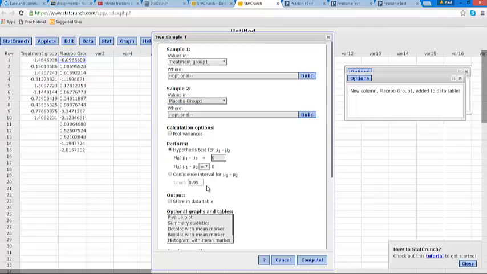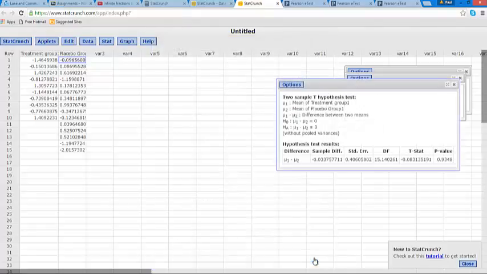Oh, wait a minute. Hypothesis test, yes. Mu 1 minus mu 2 equals 0, or mu 1 minus mu 2 does not equal 0. I'm going to compute. And they gave me a p-value of 0.93. That's a very high p-value. So we would fail to reject the null hypothesis here.